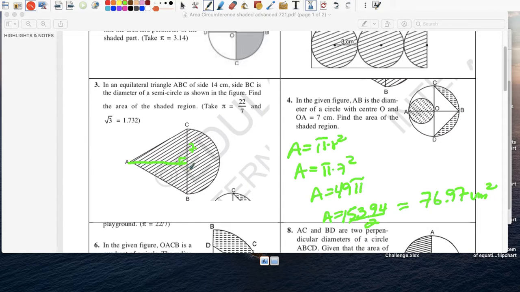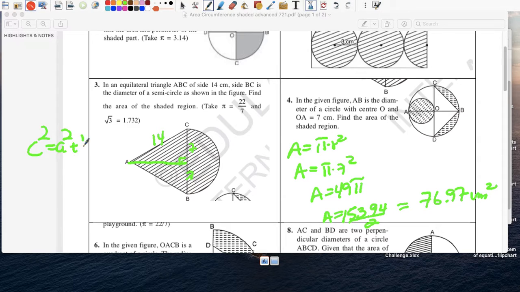This is 7, this is 7, and this is 14. So don't worry about it. I'm going to do it, but don't worry, this question will not show up in your test. So here is a 90-degree triangle where I know the hypotenuse, the longest side. This is 7, and I don't know the height of this triangle. That's what I'm going to use the Pythagorean theorem for.